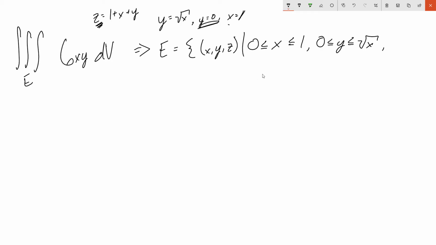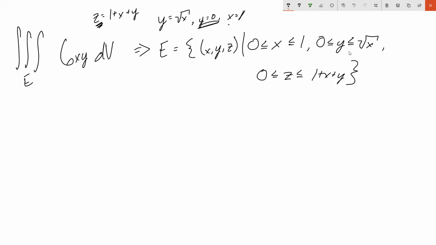And we have 0 less than or equal to z less than or equal to 1 plus x plus y. So this makes it a lot more clear of how we're going to want to write out our bounds and dv over here.